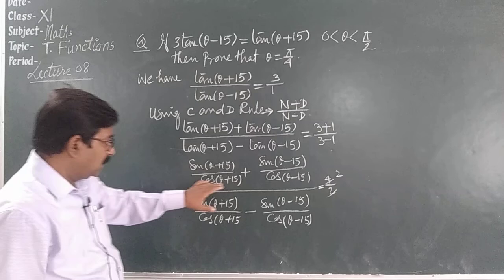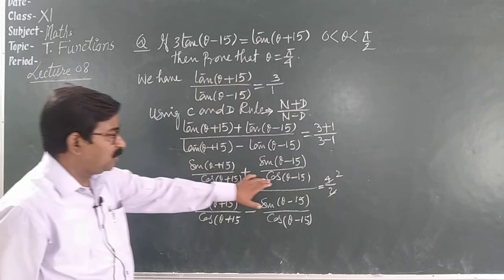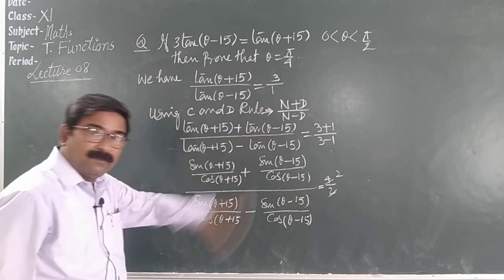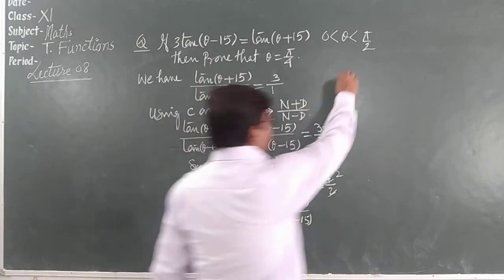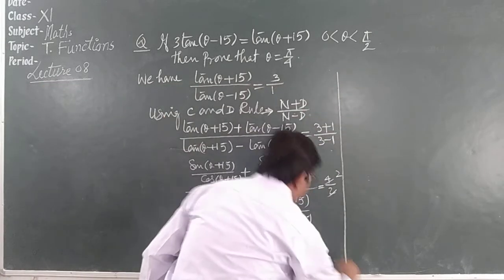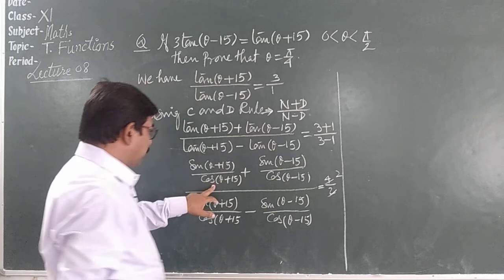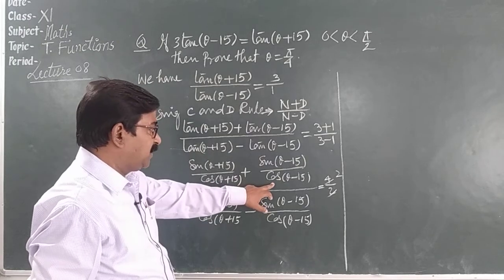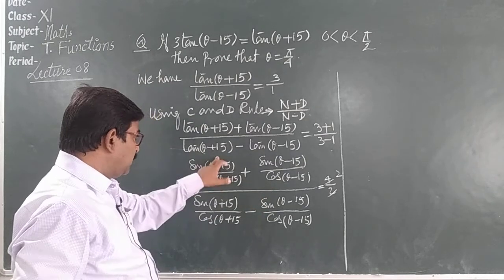Now see, the LCM is the same, cos theta plus 15 and cos theta minus 15, so the LCM will be cancelled. I am writing the direct terms. When the cos theta plus 15 is cancelled, we have cos theta minus 15, so we multiply it here.